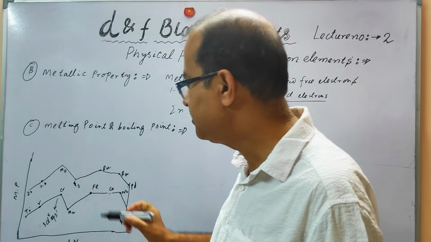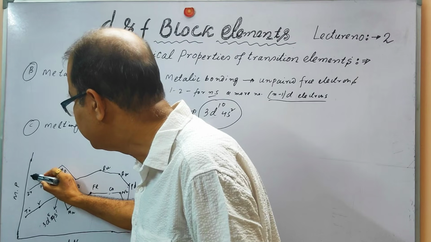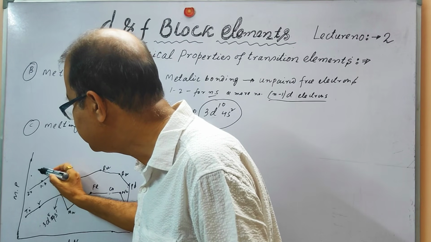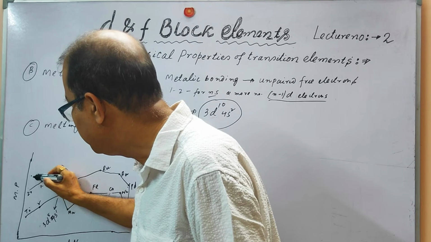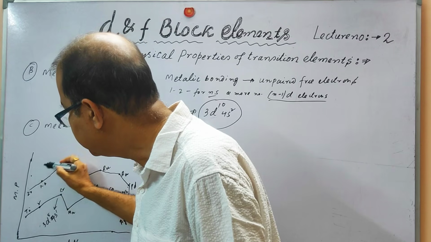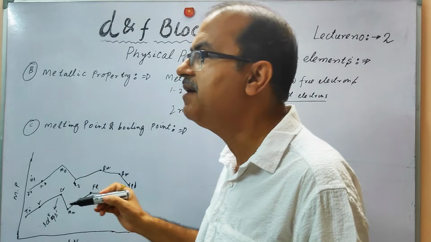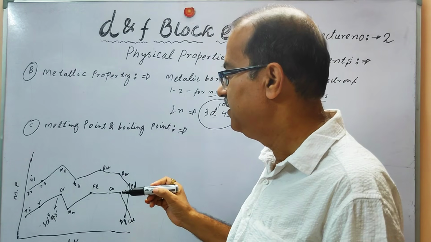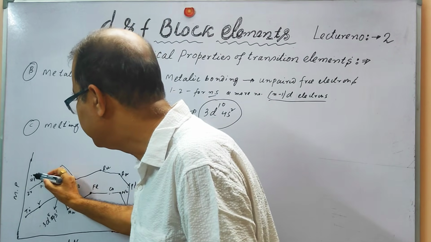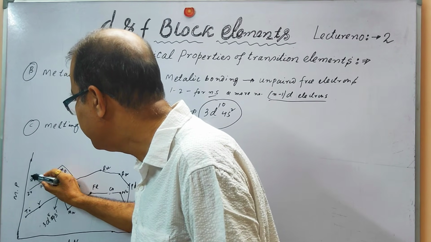Last we are doing the 5D series. The first element is basically lanthanum, which we are not taking. Now this is hafnium.